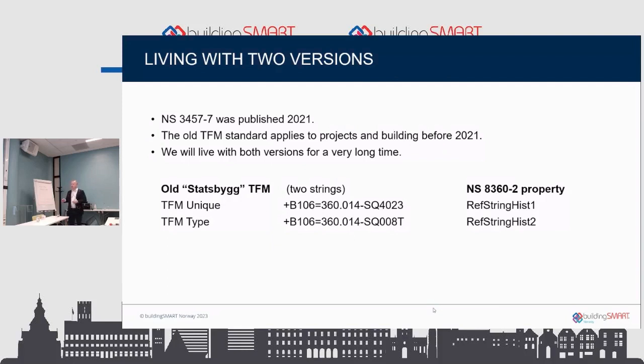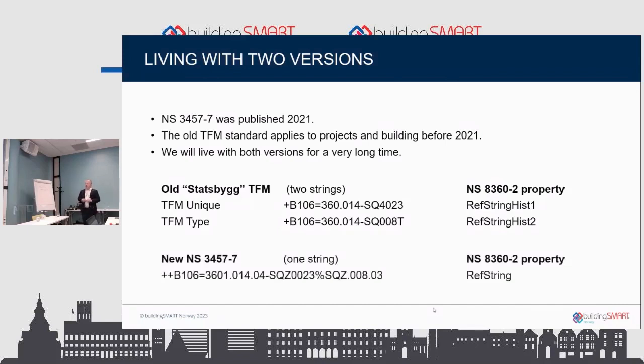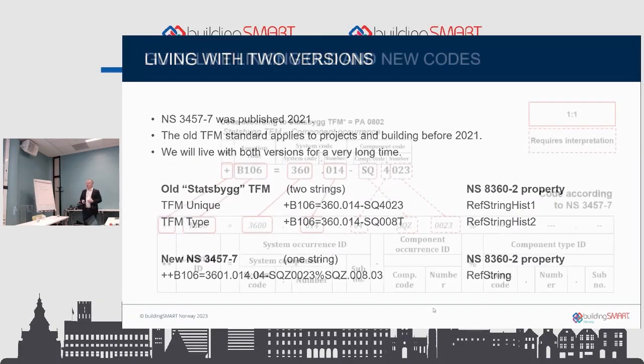We didn't think about data fields back then, so it all has just this aggregated string. But we are going to live with those two versions for a long time, because we have buildings that have been using this for 20 or 30 years. So we need a way to map the old 2 strings to the new 1 string.